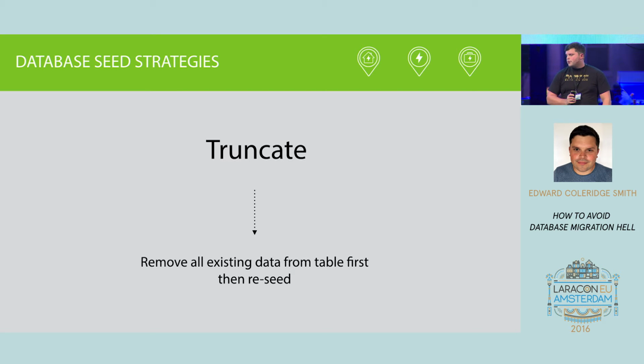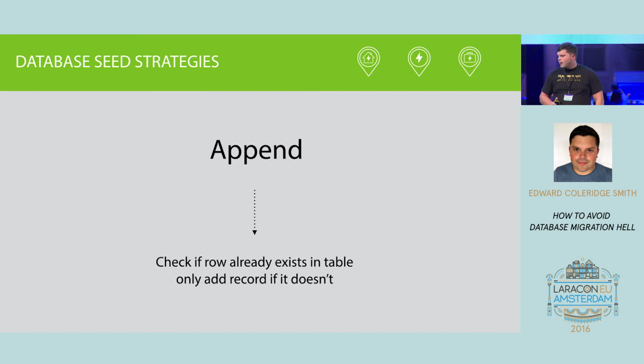So the truncate strategy: you have a table of data in your database, and you want to reseed the table, and you want that table to be full of new data, really. So what you could do is truncate that table just using a SQL truncate command, and that will completely clear the table out of data, and then it's fresh to have the new data seeded into it.